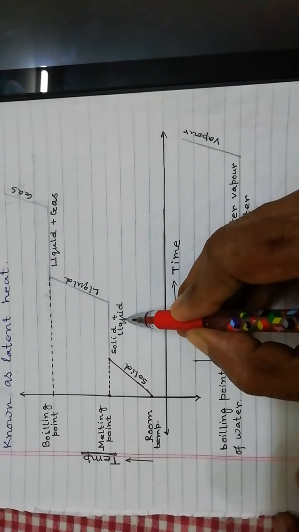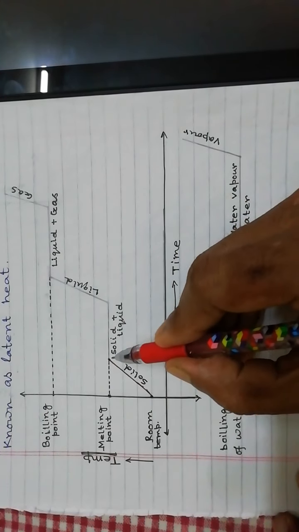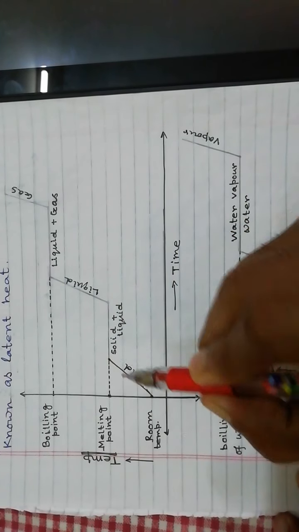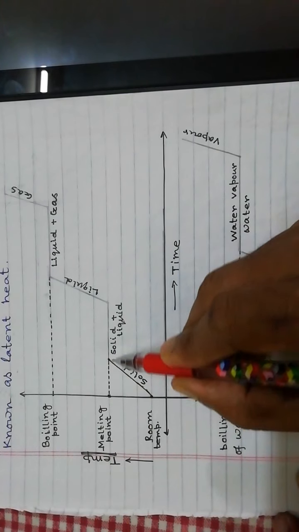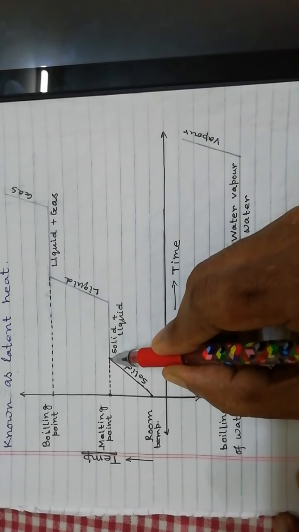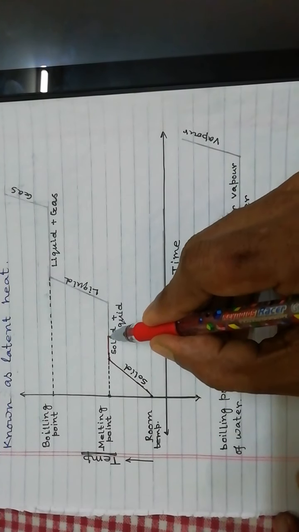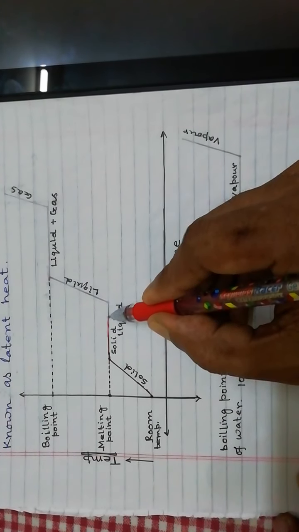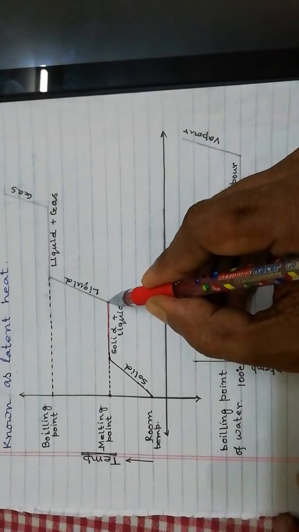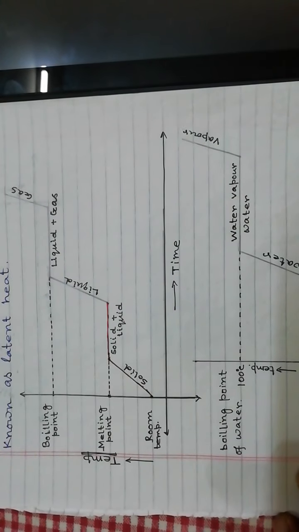Solid starts to convert into liquid, and that is going on, but the temperature does not change. So the temperature remains constant and the solid is converted to liquid, and when it reaches here, total solid is converted to liquid, but temperature does not change.